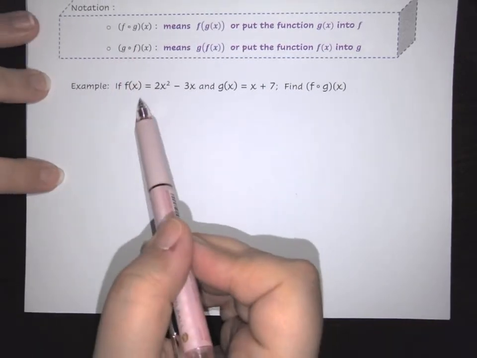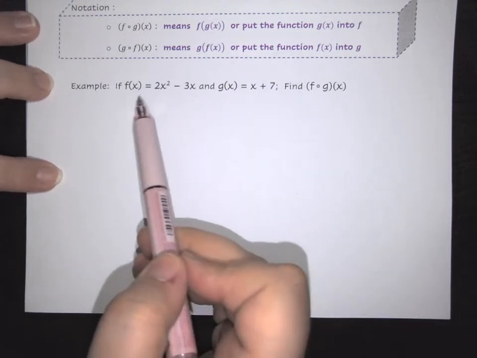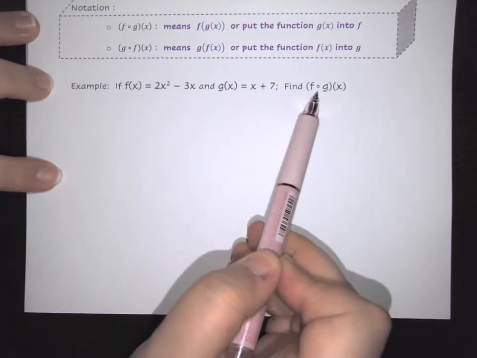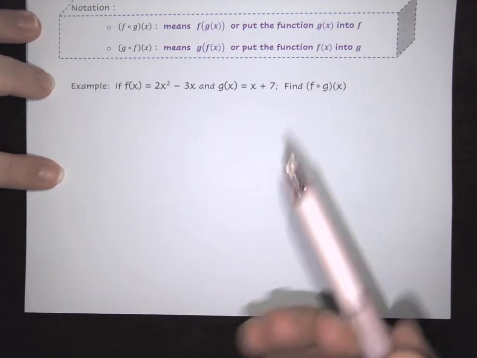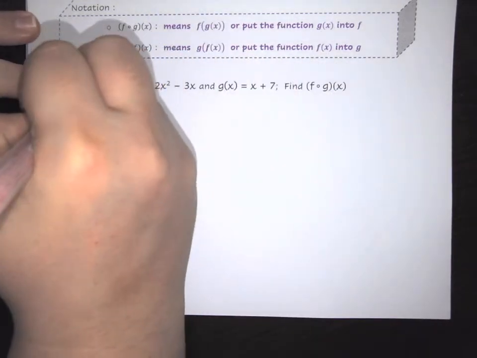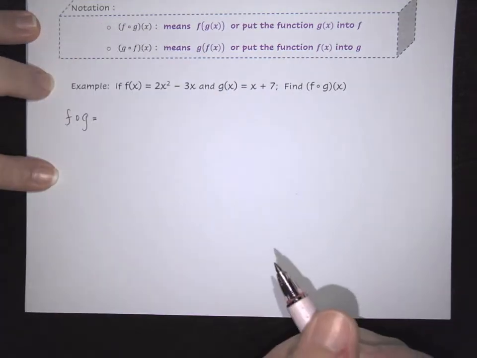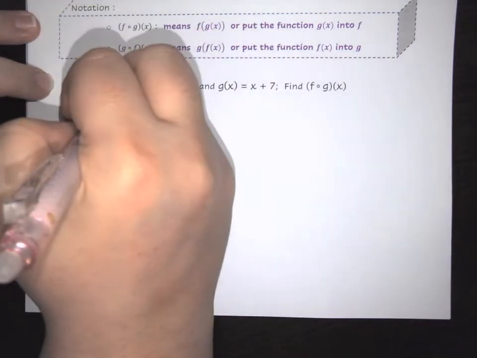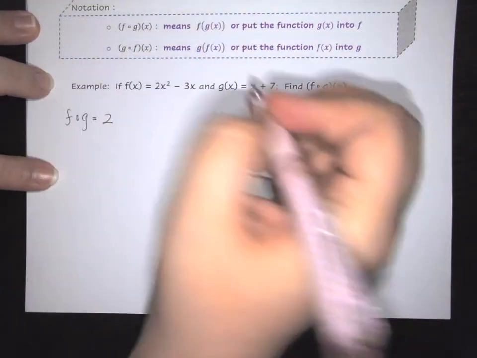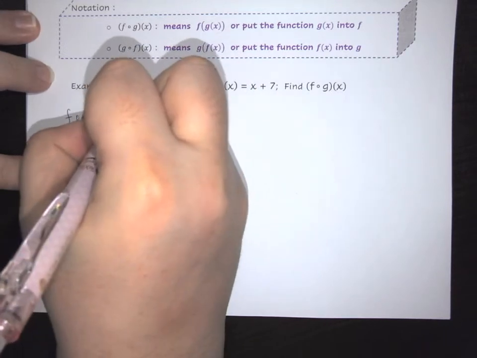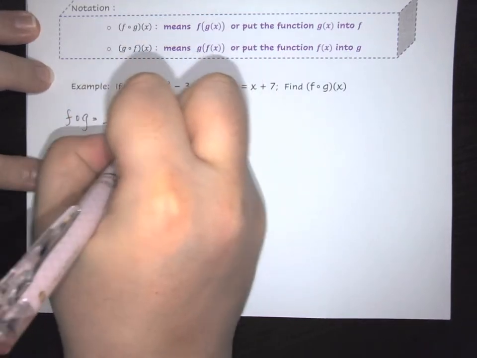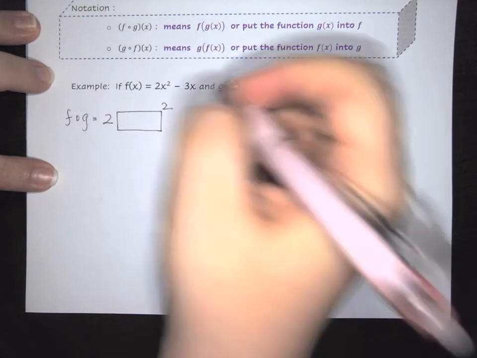So to demonstrate that, I've got this example where I have my two functions, f and g, and I want to find the composition f of g. Anywhere I have a variable in f, I'm going to replace it with a box. That box is a placeholder.